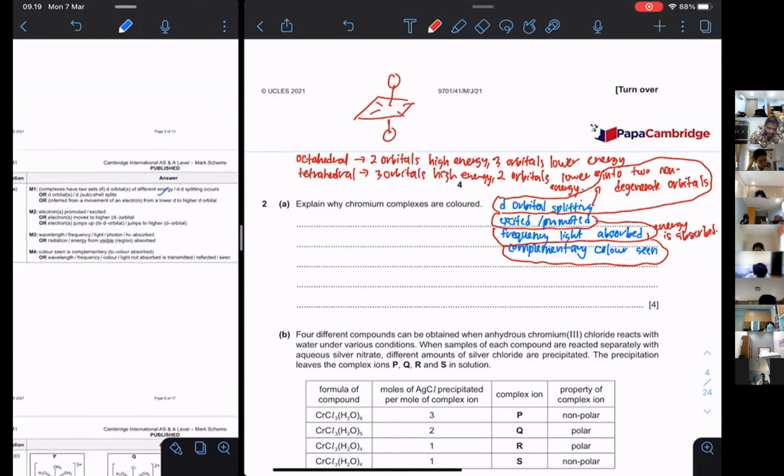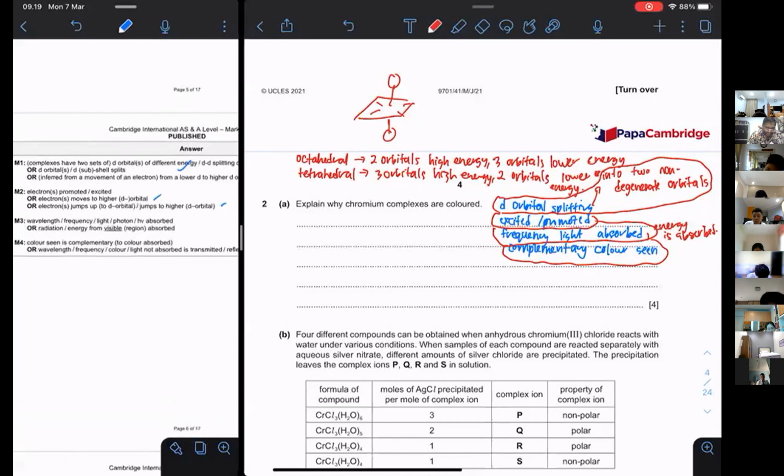Then number 2 is your electrons move to the higher d orbital. Remember I told you excited or promoted, electron jumps up to higher. So if you write in sentences, electrons get excited or promoted from lower energy level to higher energy level.